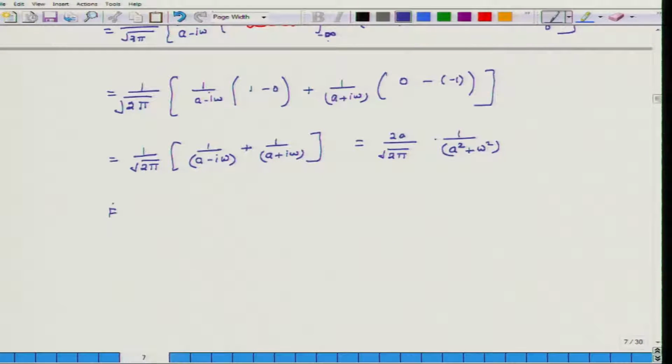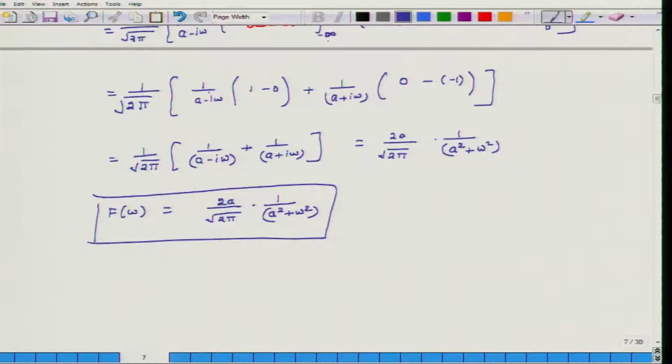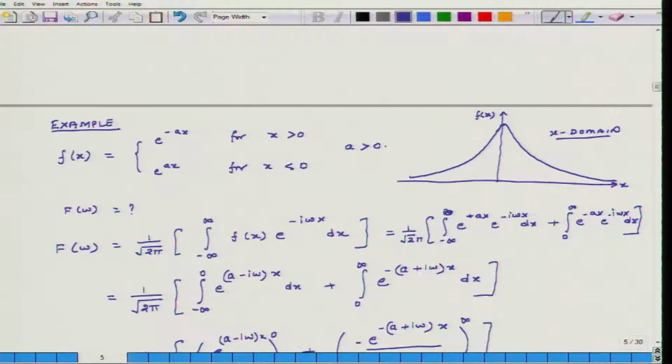So, f of omega equals 2a over root 2 pi times 1 over a square plus omega square. So, that is our Fourier transform, this expression for this function.